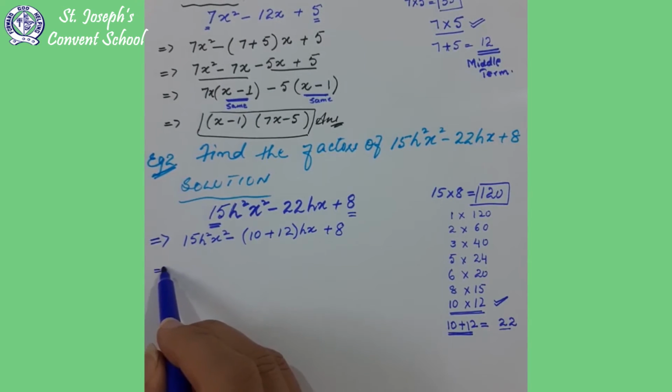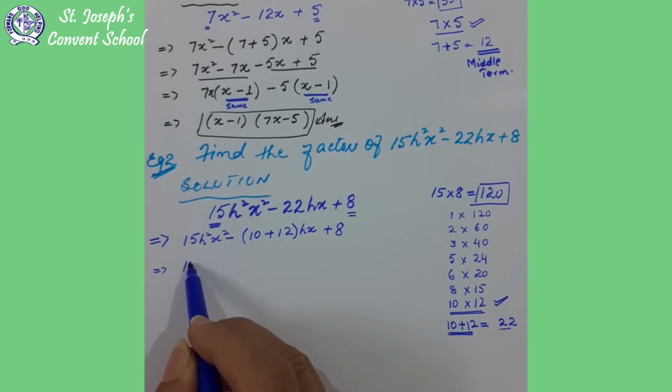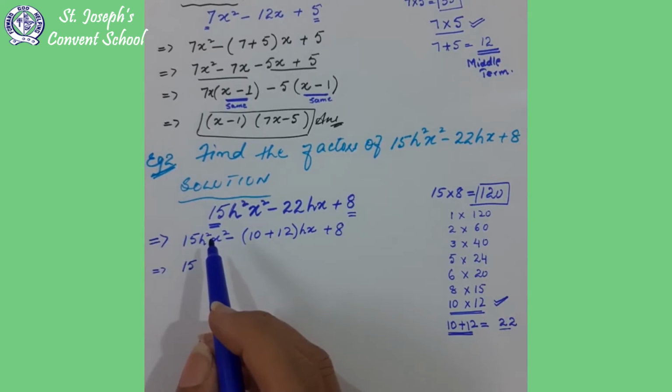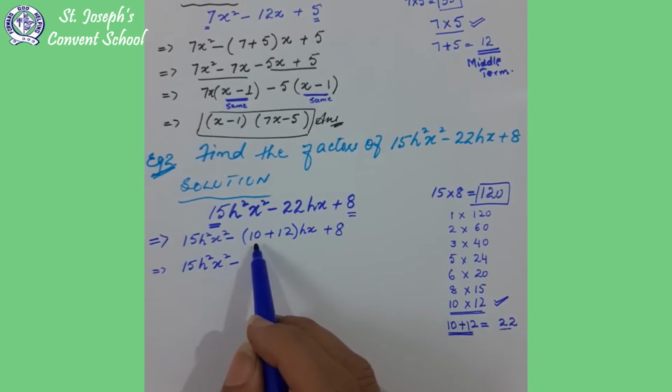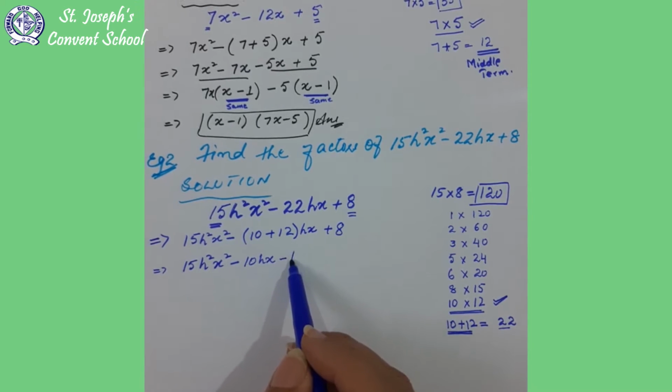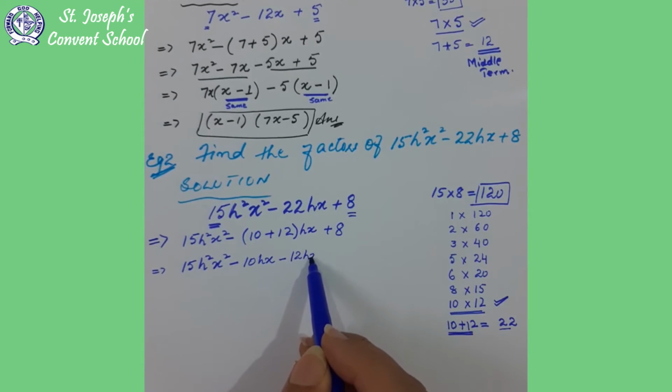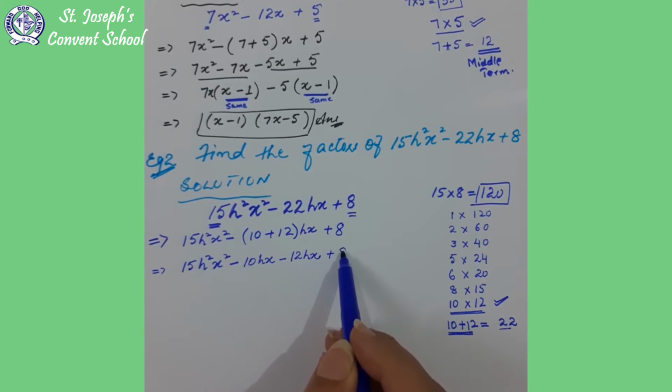Now open the bracket. 15h square x square minus 10 into hx, minus into plus minus 12 hx plus 8.